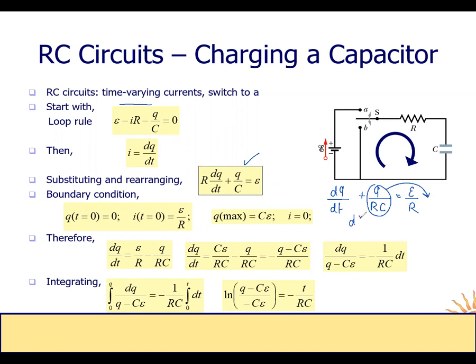We get dq divided by dt equals E divided by R minus Q divided by RC. Okay, this is the relation.